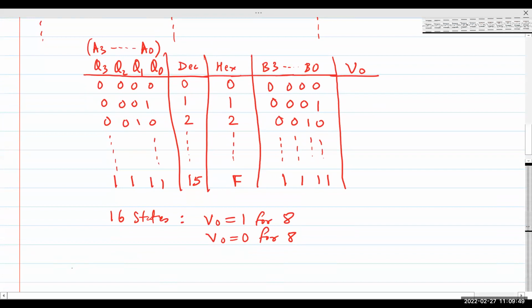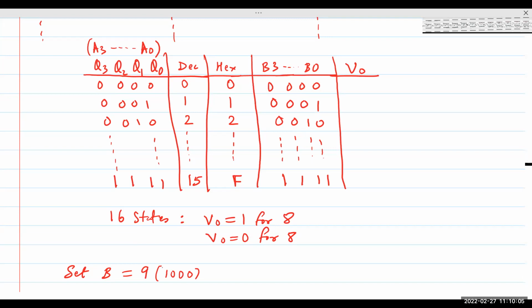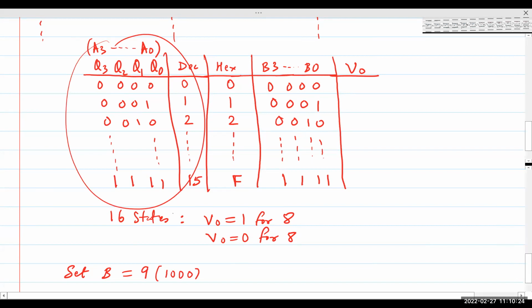So for instance, set B as a digital number to 8. Actually, not 8, we need it to be 9 because it has to be less than 9. And so it'd be 1, 0, 0, 0. That's actually your answer. You set it to 1, 0, 0, 0. Every time the counter goes from 0 to 15, it'll go 0, 1, 2, 3, 4, 5, 6, 7.